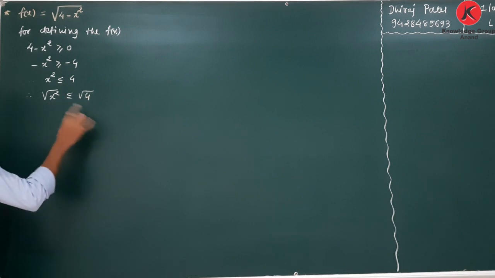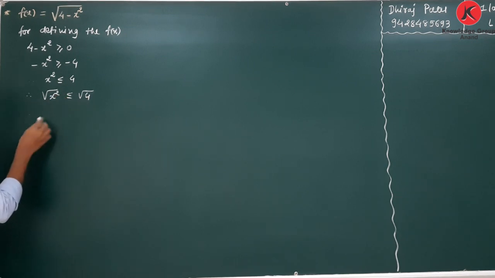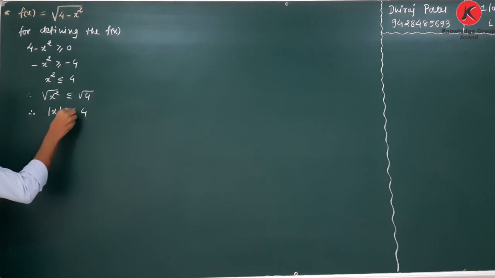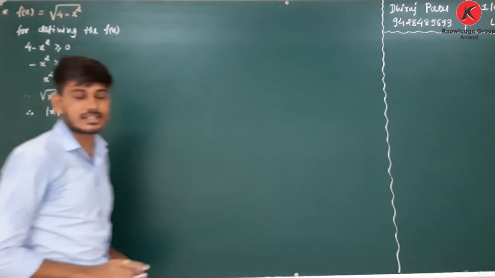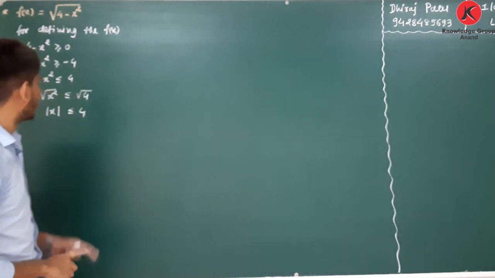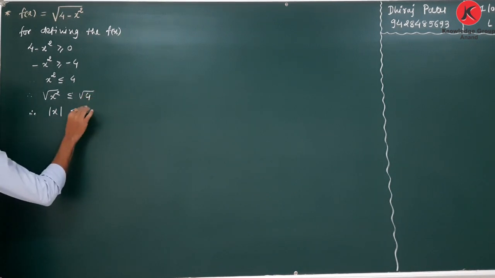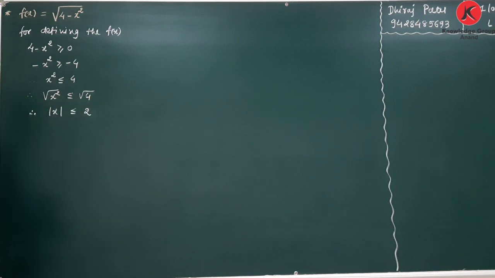Remember this thing, square root of x square is always modulus x, not equals to x only. Modulus x less than equals to 2 here, for square root of 4 is 2.